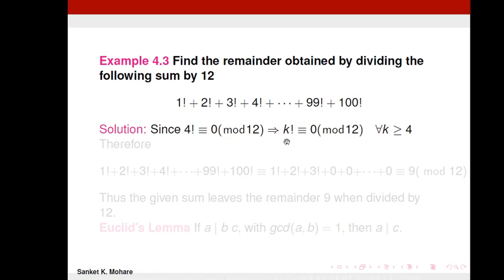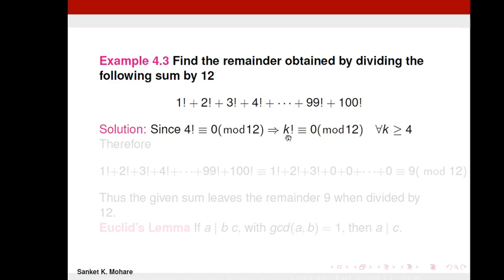This implies k factorial is congruent to 0 mod 12 for all k greater than or equal to 4. It means as 4 factorial is congruent to 0 mod 12, for any k greater than or equal to 4, k factorial is congruent to 0 modulo 12.